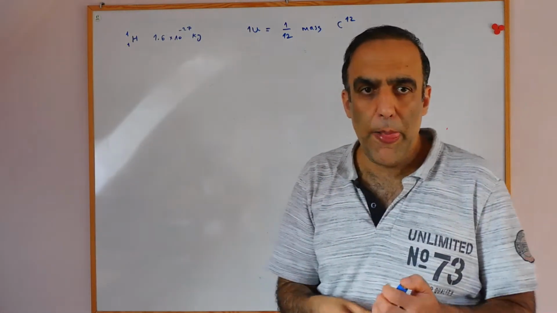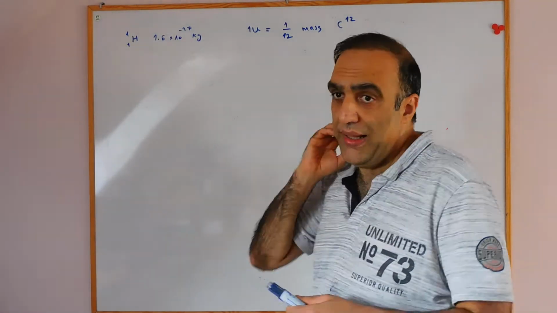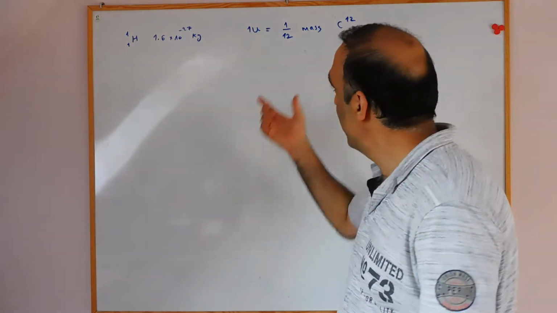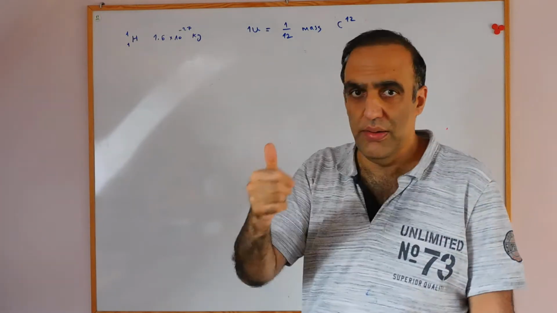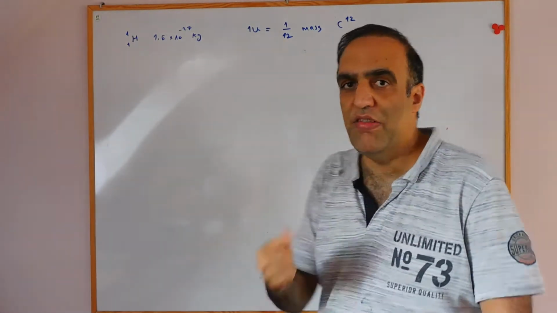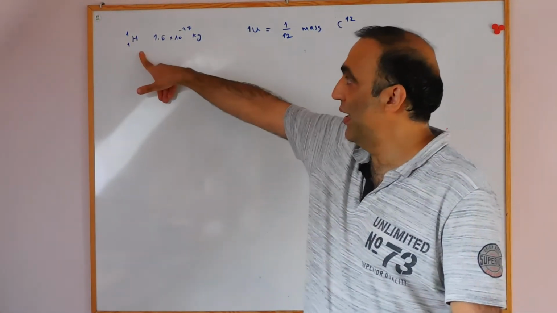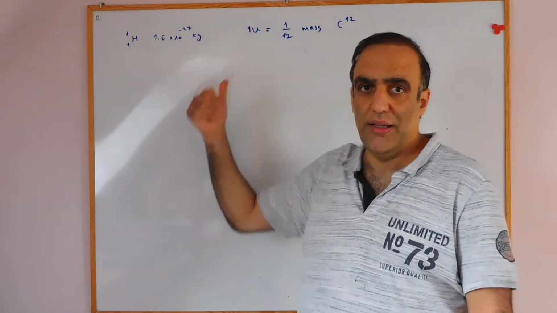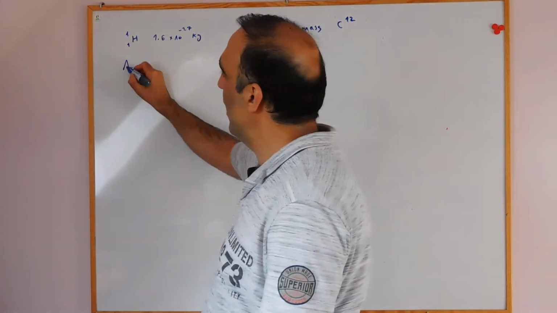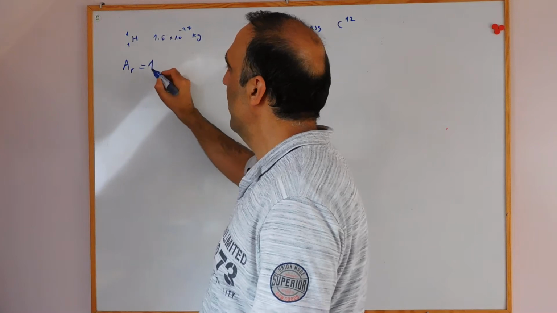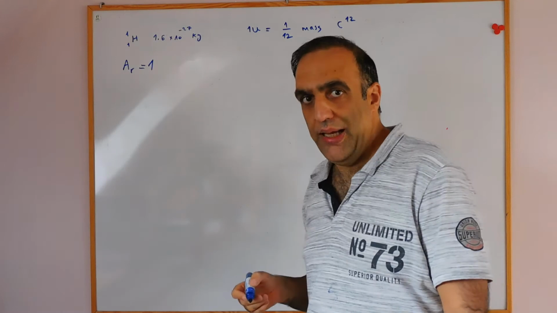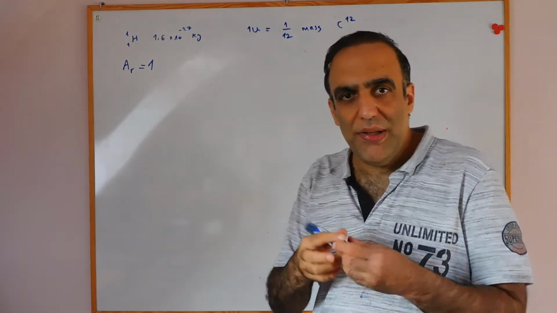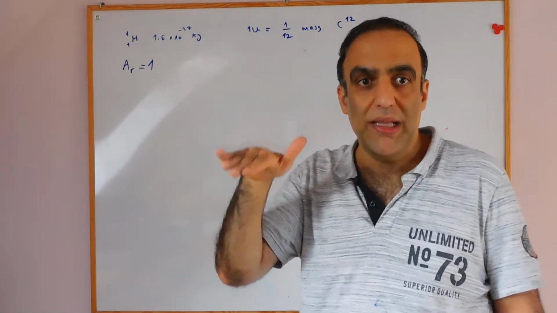In this case, we can easily calculate: for carbon 12, 1 over 12 is 1 unit. For example, hydrogen is 1 unit, and the relative atomic mass of hydrogen is equal to 1 unit. And it will be the base level of the atomic mass.